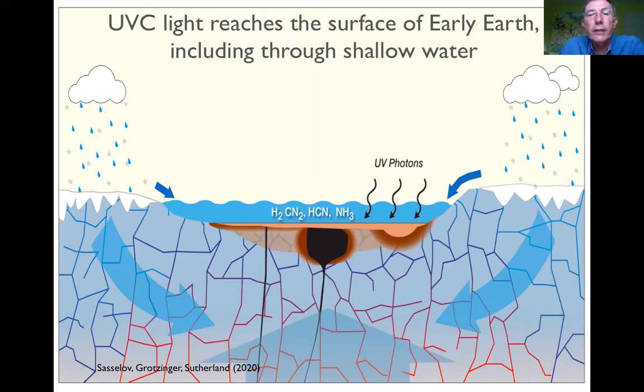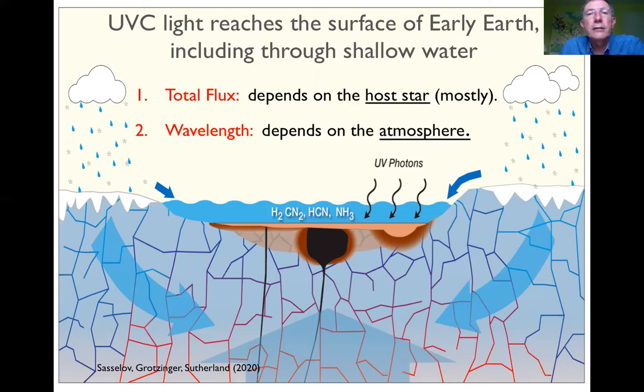So we think it's very robust, and as long as you have the right amount of UVC flux, which depends mostly on the host star, and the right wavelength range, which is UVC, which depends mostly on the atmosphere, then you're fine.